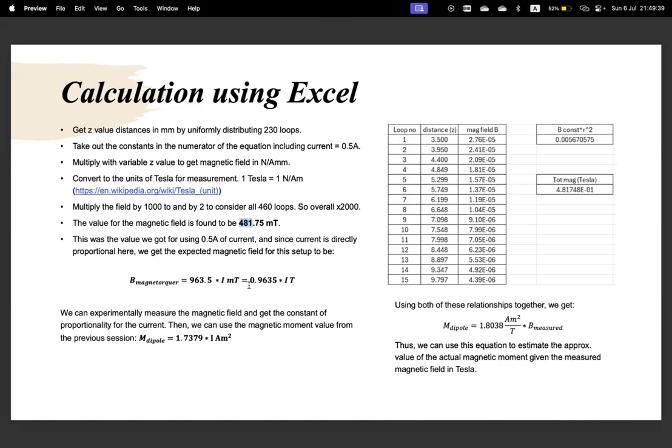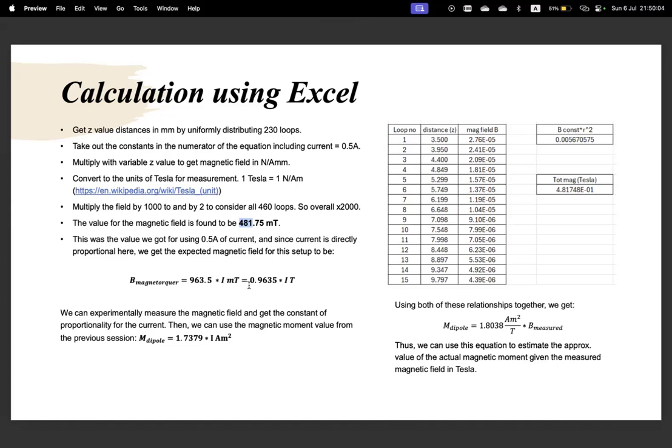I start with measuring the magnetic field in the ambient environment. I turn on the current, then I check the new magnetic field. Then I know that any additional magnetic field is due to the magnetic field that the magnetorquer has created.